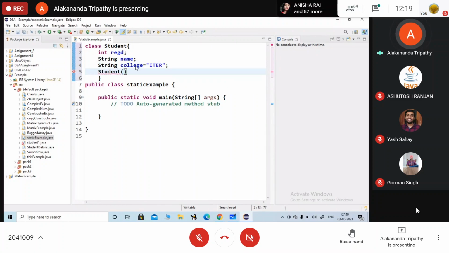The student: int registration number, string name. Here your string college has come.